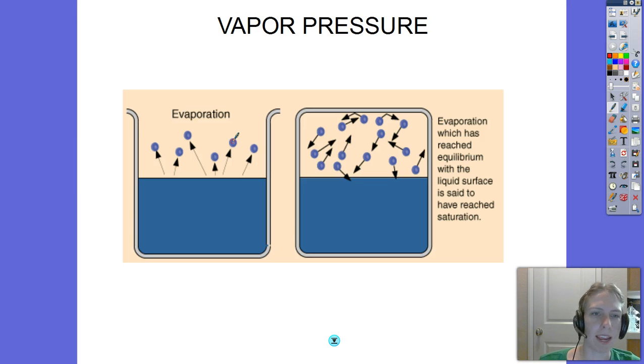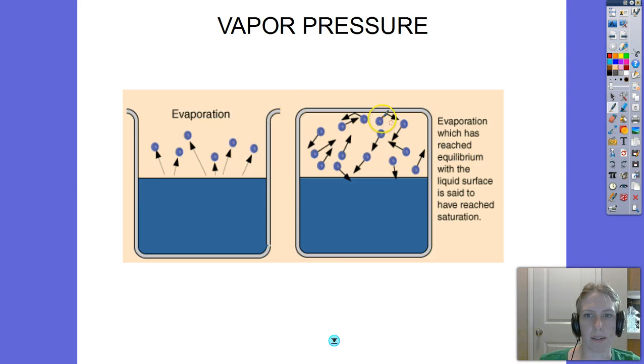And we can have something evaporate even if it's not hot. Think of leaving a glass of water out on the counter. You're not boiling it, but eventually it will evaporate. Eventually molecules get enough energy, whether or not you heat it, that they turn into the gas state and evaporate.